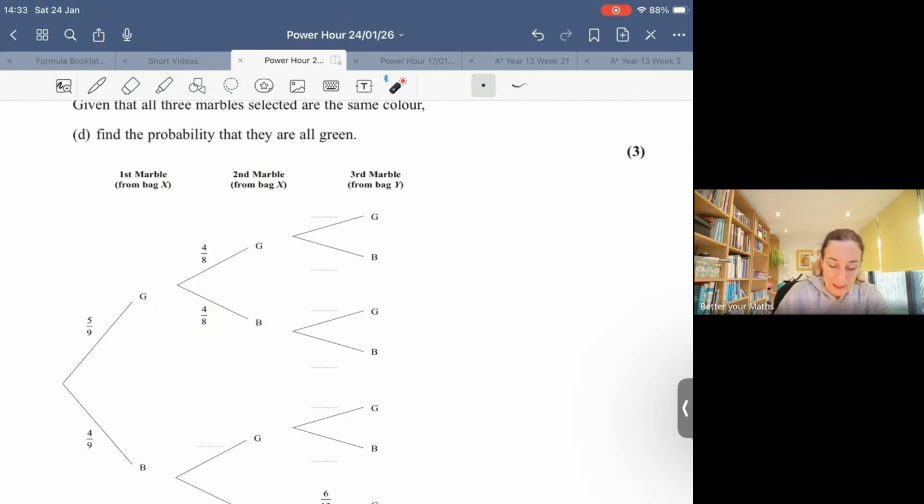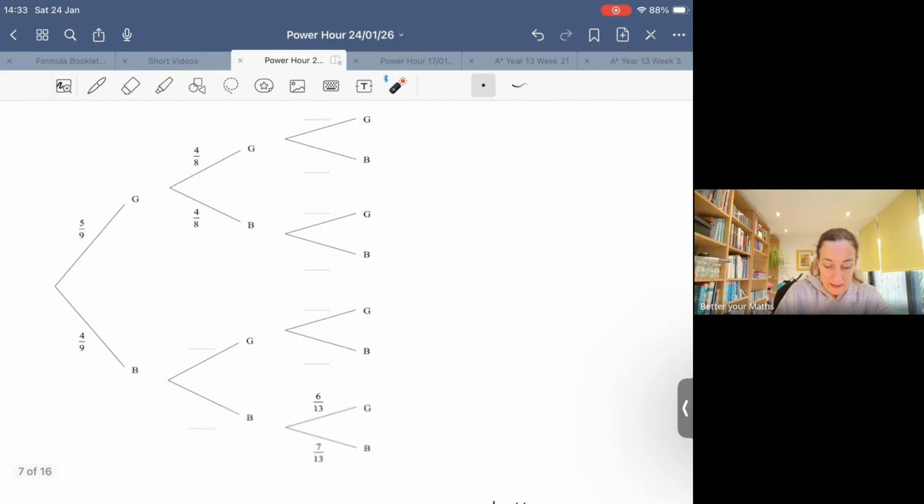Yeah. So I would like you to think what these 2 values are. Can you tell me in the chat what I'm going to write here? So all of you in the chat, please. So if the first one was blue, what is the probability of getting a green one? Exactly.